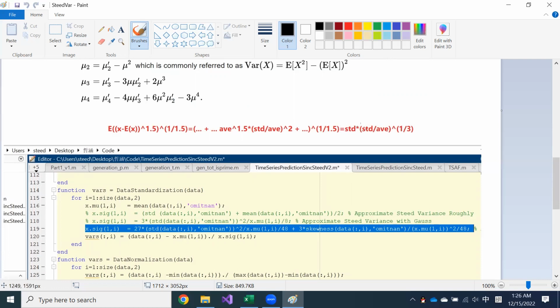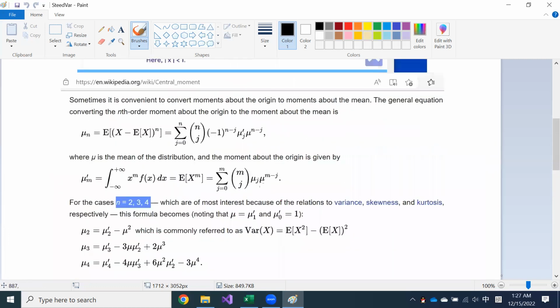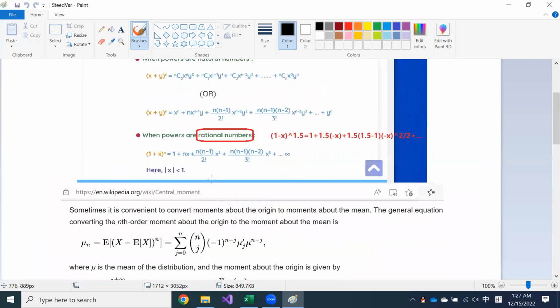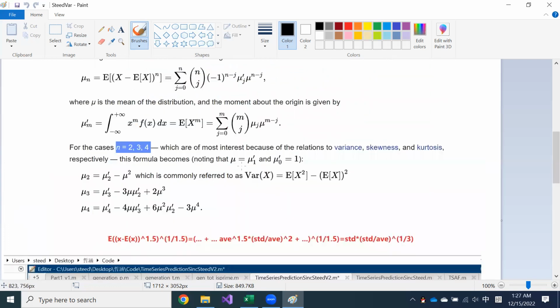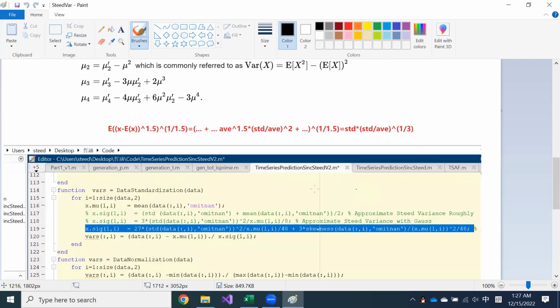So that's where the formula in Excel comes from: STD divided by AVE, and a cubic root. If you do the operations, insert this into here, make use of this expansion, and throw away the unimportant part which we don't care about, you end up here.